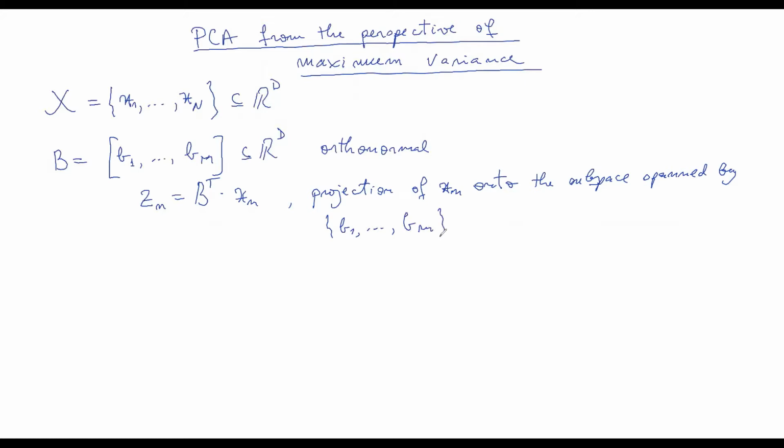And remember that we had already in the last video this data covariance matrix defined to be 1 over n, sum of the inner product of all these points, so xn times xn transposed, and this is a d times d matrix.